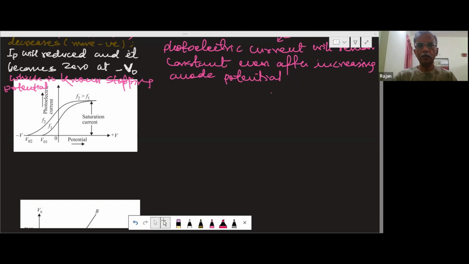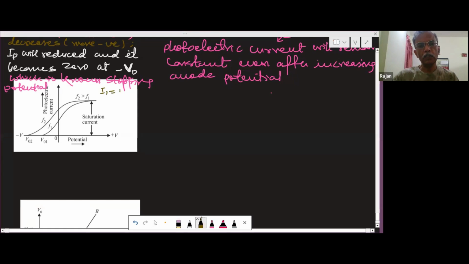And what is the same in both cases is the intensity. So I1 is equal to I2 in this particular graph, whereas f1 is greater than f0, and f2 is also greater than f0.